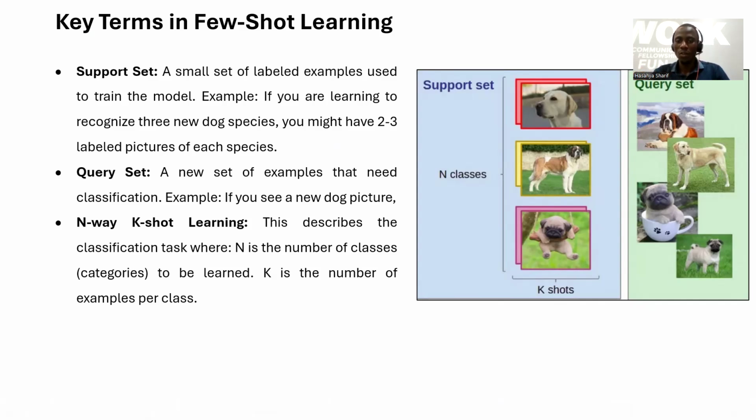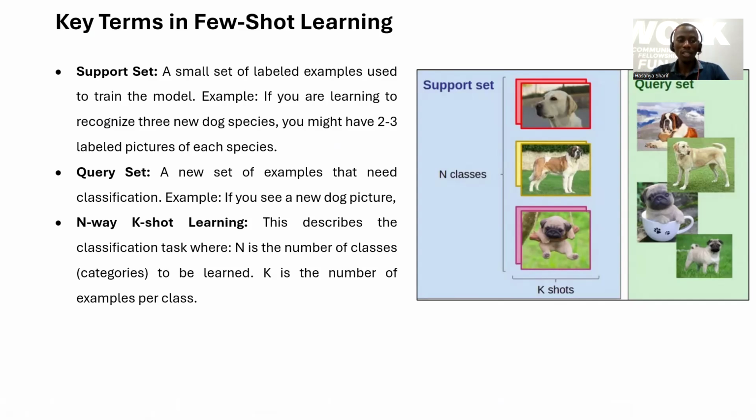And then the query set is the example that needs classification. So the query set is the one we use as our test set to test our training, or our support set.